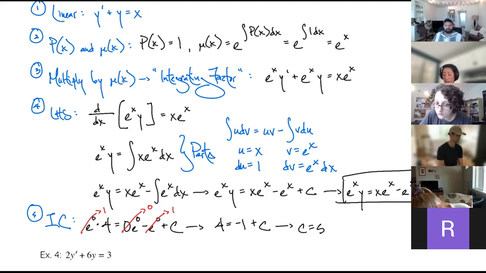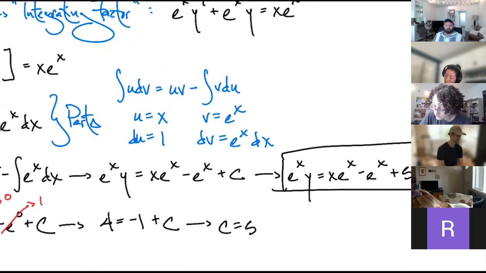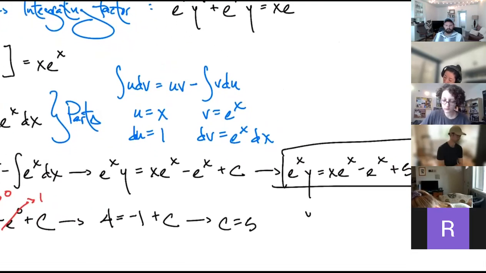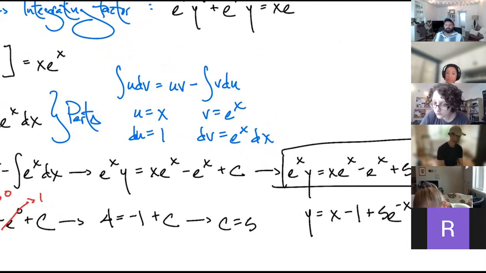And if you wanted to divide through by the e to the x, you could do that as well. And you would get y equals x minus 1 plus 5e to the -x. This would also be okay.